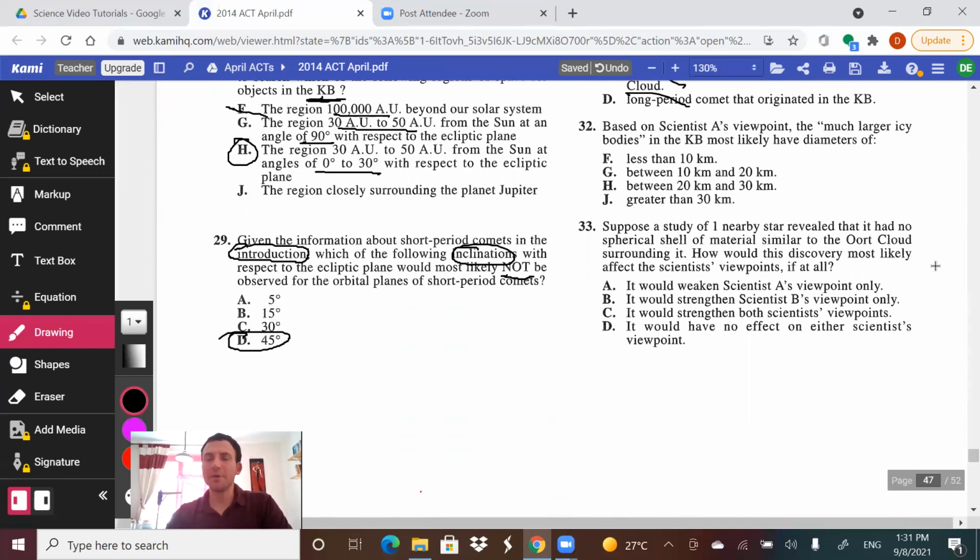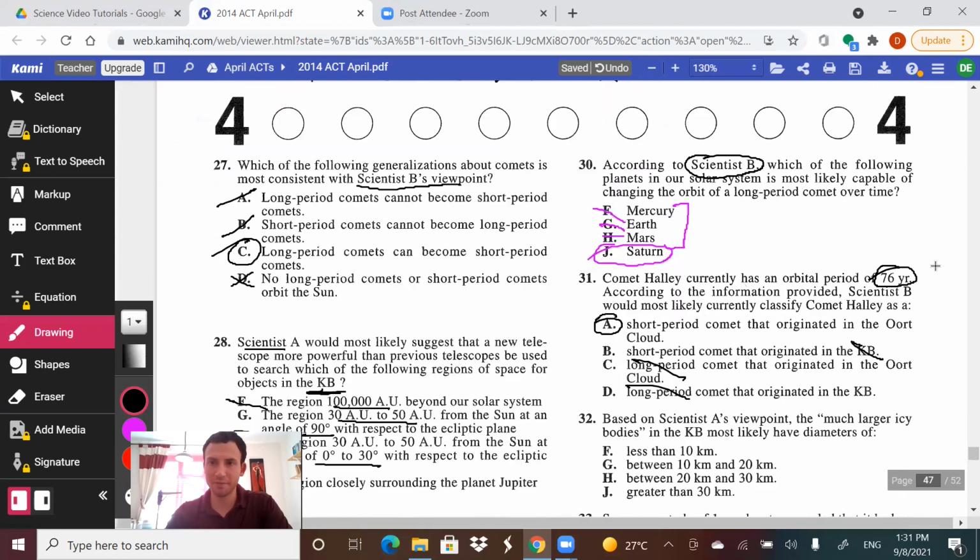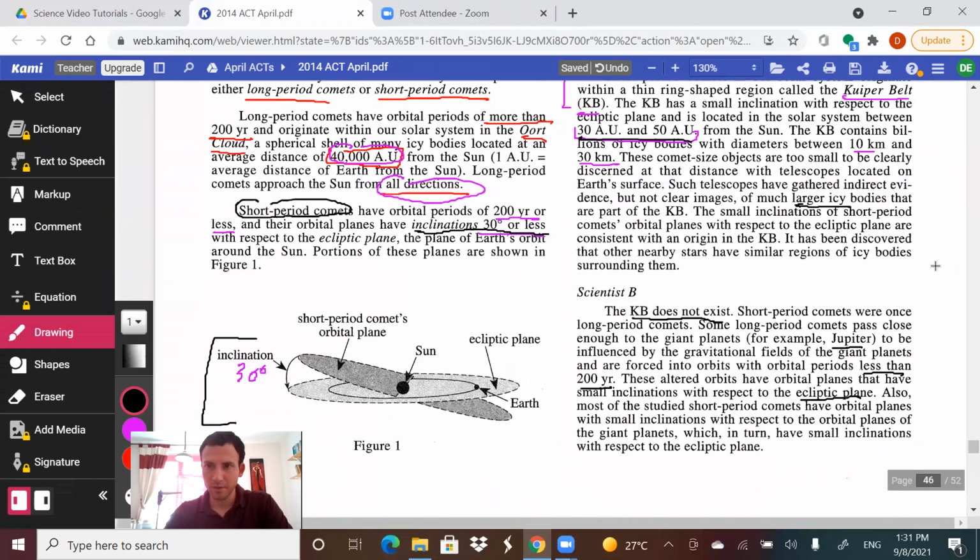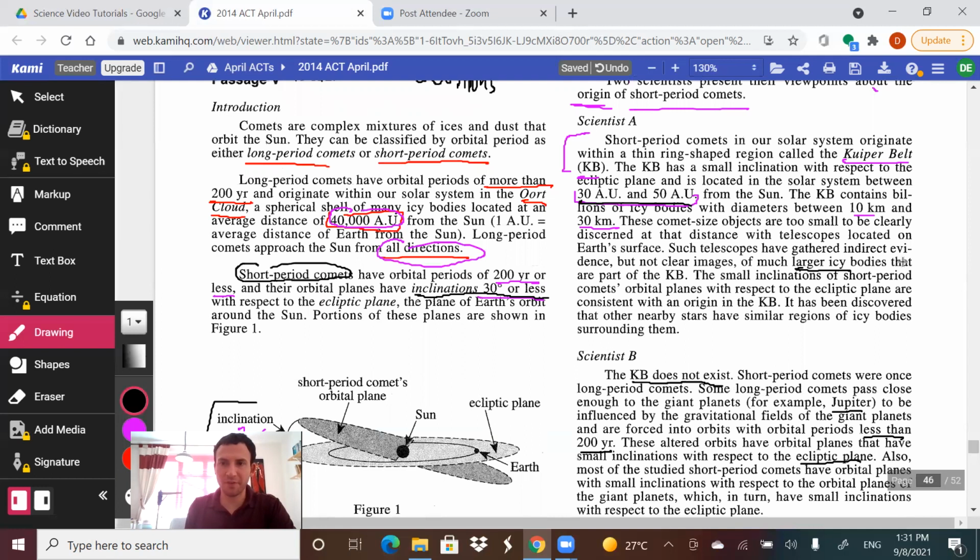Okay, 32. Based on scientist A's viewpoint, the much larger icy bodies in the KB most likely have diameters of, and we see exact quotes, so we have to find it. So actually right here is where we have the much larger icy bodies that are part of the KB. So what we get is the KB contains billions of icy bodies with diameters between 10 kilometers and 30 kilometers.